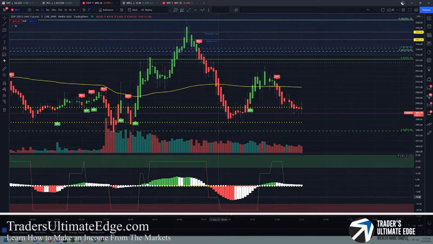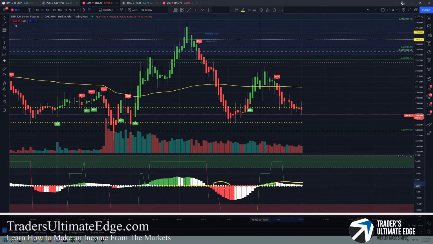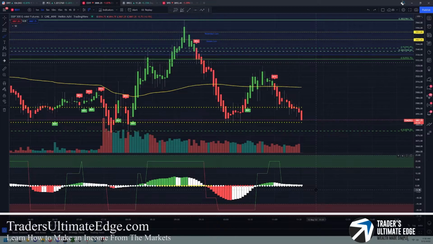But what's important here in our indicator is more the white dots. The white dots indicate areas of consolidation, something which is really difficult to find in other indicators. It's difficult to predict. And when you have areas of consolidation, you tend to have smaller moves. Now, not always, but that's what tends to happen.